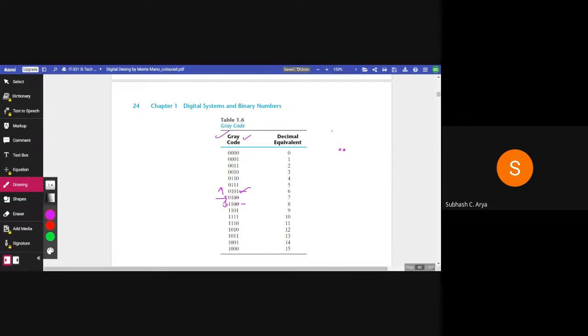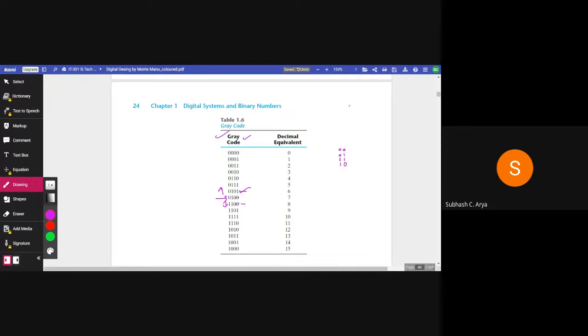Now let us learn why it is also called reflection code. So this is 0 0. I want to write the next number. Let us keep this 0 the same, and 1. Now I want to write another number by keeping the same definition. So I keep this 1 as it is, then change this 0 to 1. Then again I keep this 1 as it is and change this 1 to 0.